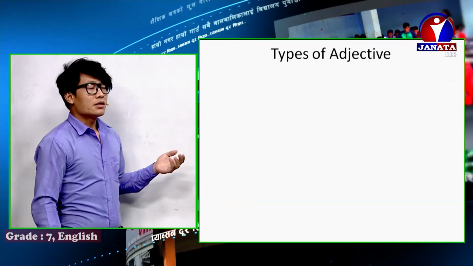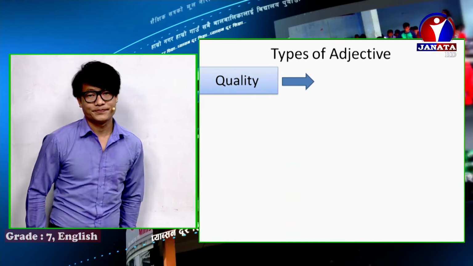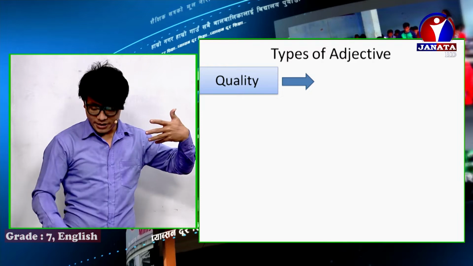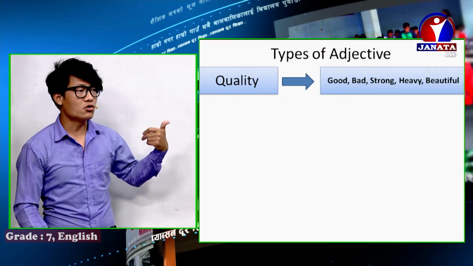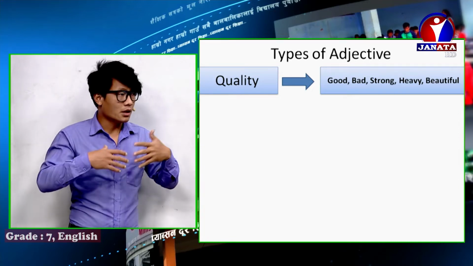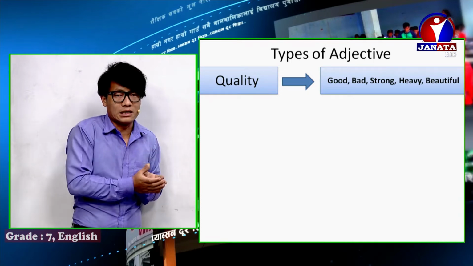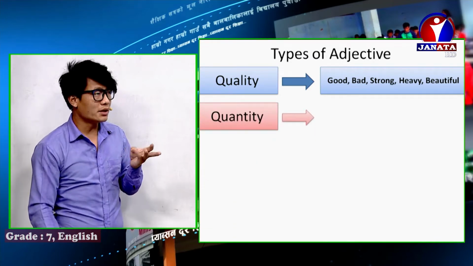So now let's talk about the types of adjective. Let me show you. First is quality. What comes under quality? Let me show you: good, bad, strong, heavy, beautiful, handsome, intelligent. These come under quality. Next is quantity.